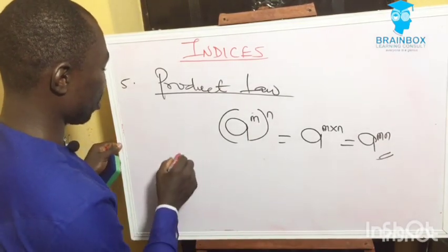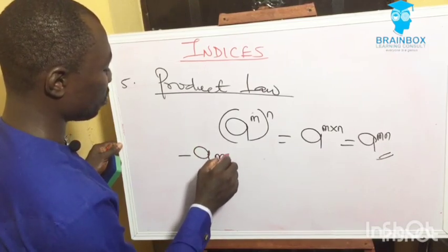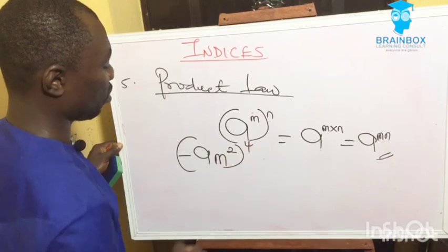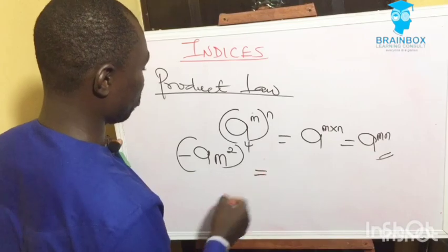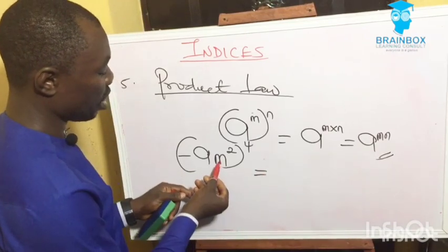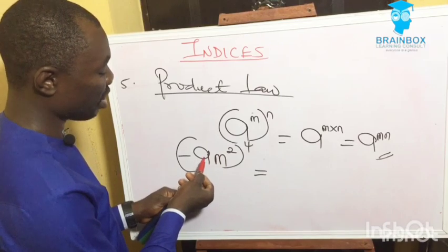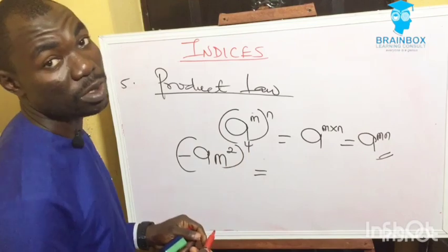For instance, we're having minus am squared, all raised to the power of 4. Now you can see that this m raised to the power of 2 is affecting only this m, it's not affecting a. a is actually raised to the power of 1 here, but all of them are raised to the power of 4.